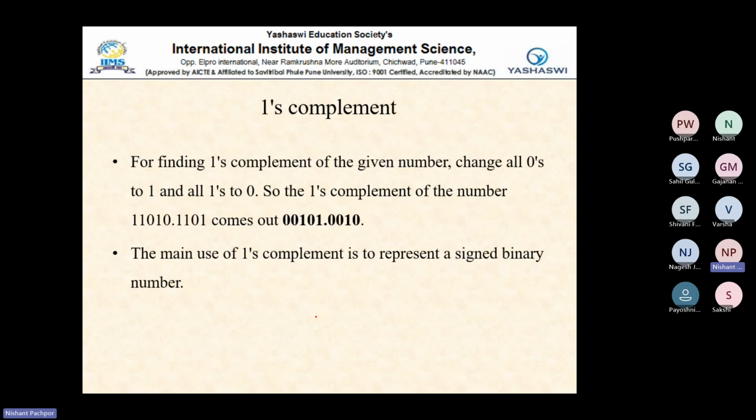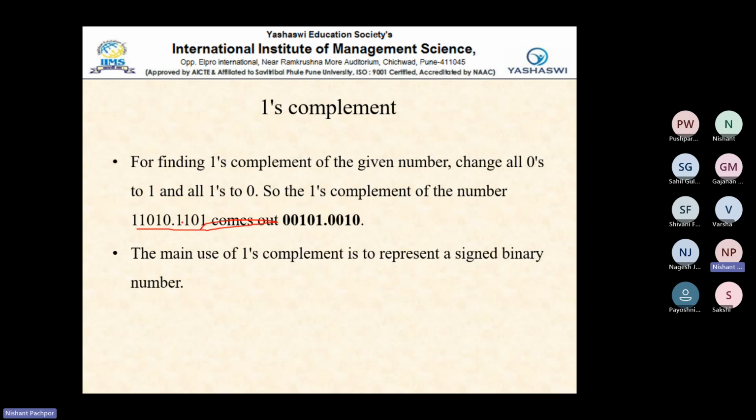So if we have to find the complement of a given number, say 110110.01, you simply convert it: ones are converted into zeros and zeros are converted into ones.